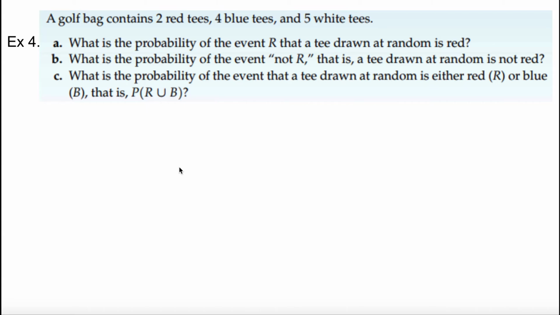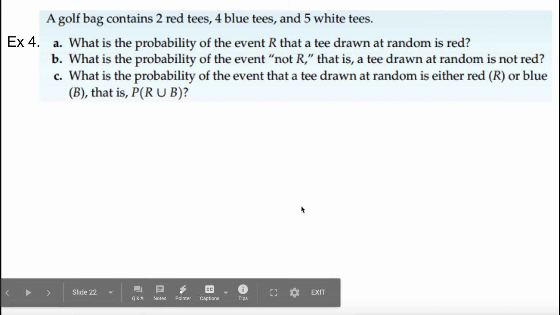You can consider the numerator as the number of elements in R, which is 2, because there are 2 red tees, right? Over, what is the sample space? How many tees are there altogether in that golf bag? There are 2, 4, and 5, so 11. So the probability of the event R should be 2 over 11.